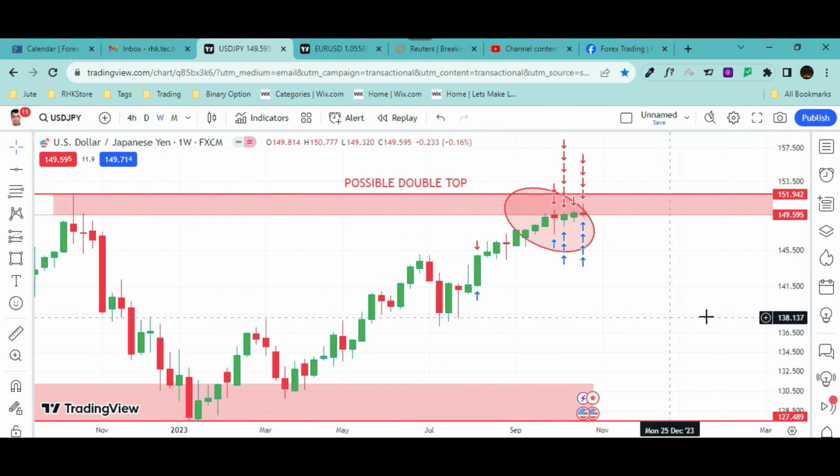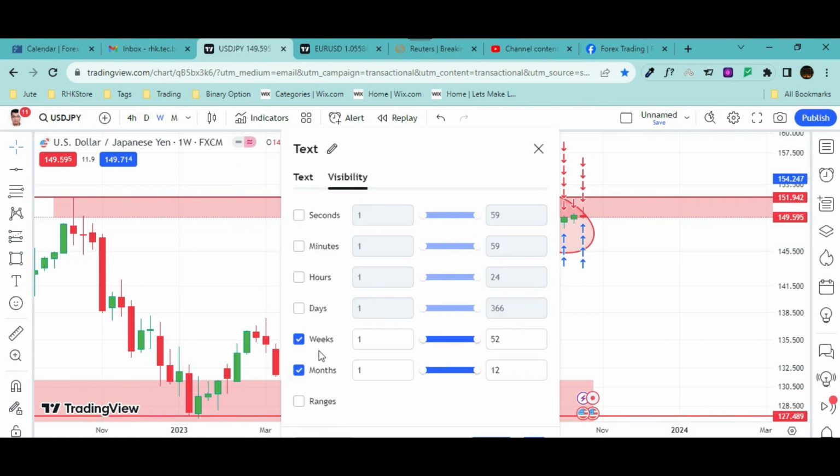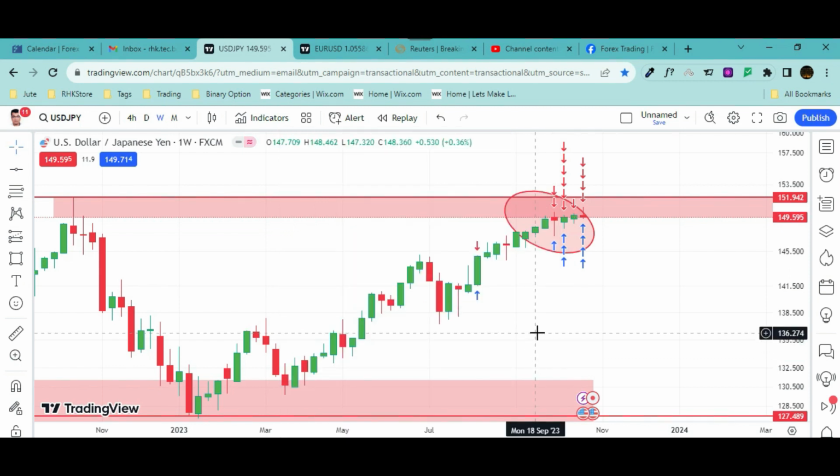And in weekly time frame, we can see it has already created the double top already. Because to create a double top or double bottom, we need green red.